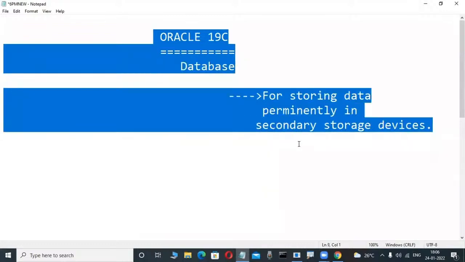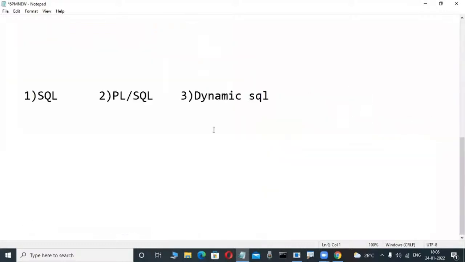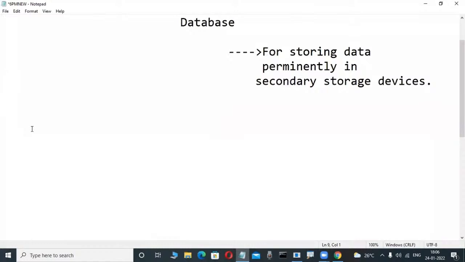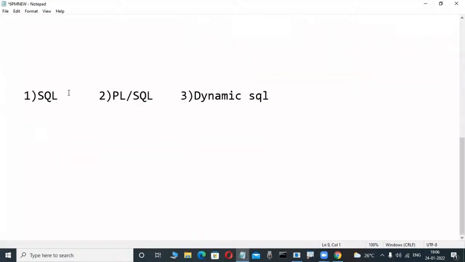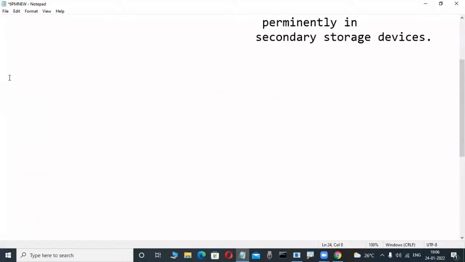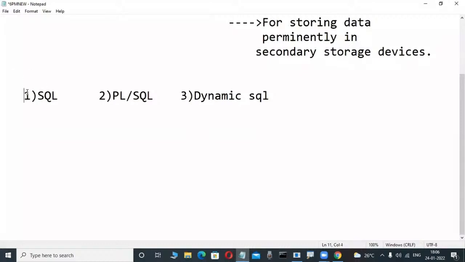What is that? I will tell you today. Oracle, SQL Server, DB2, Sybase, MySQL, all these databases are implemented based on the relational data model concept. For operating these products, we use SQL. But for the Oracle database product, we use three languages: one is SQL, another is PL/SQL, and another is dynamic SQL. Up to this, we learned in the previous classes.